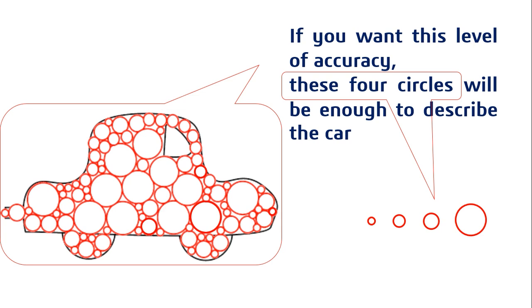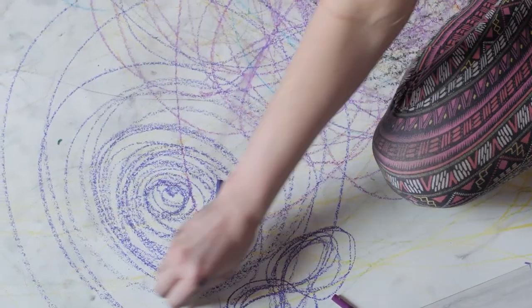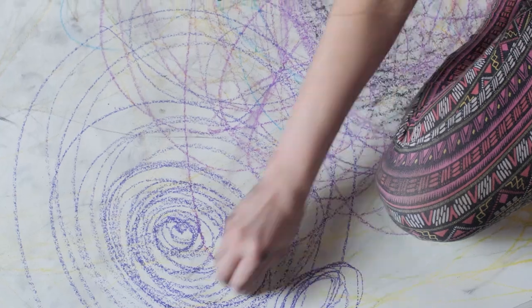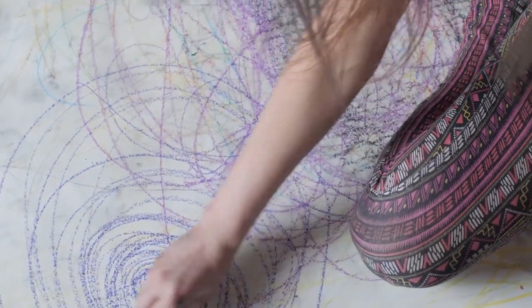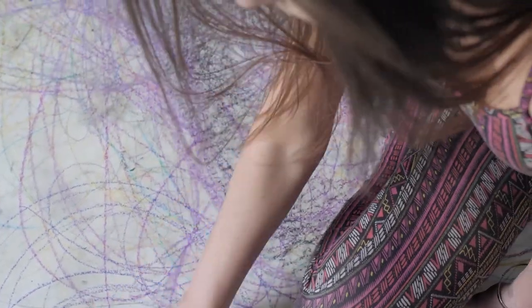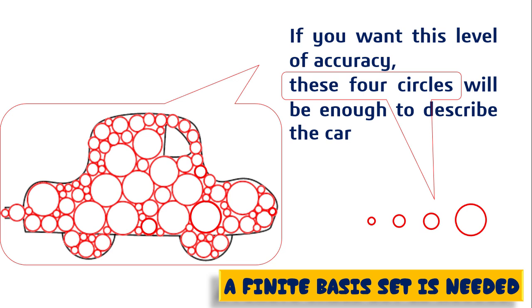However, taking an infinite number of circles will literally take forever just to be drawn. Isn't it so? So the moral is you should take only a finite basis set to describe the car, or more precisely in our case, to describe the wave functions.